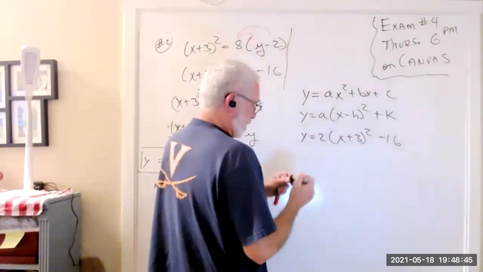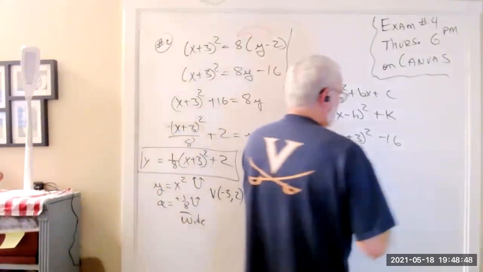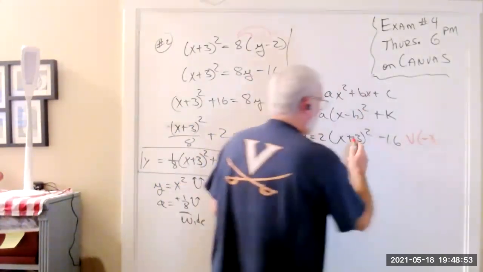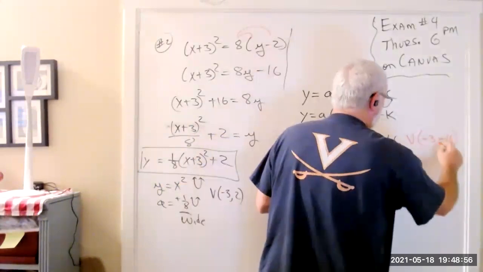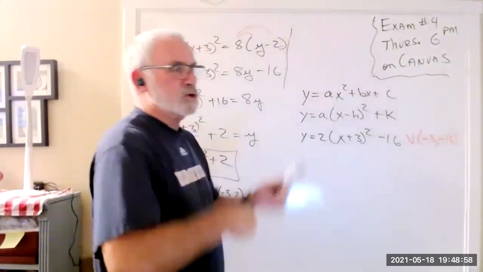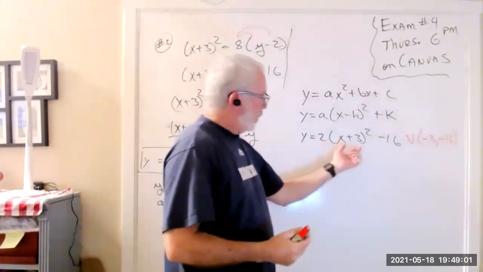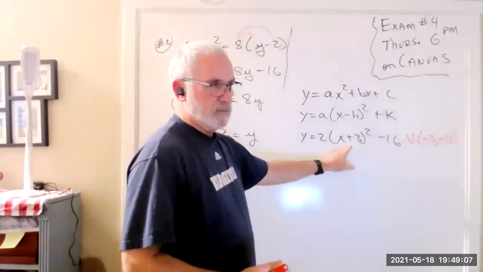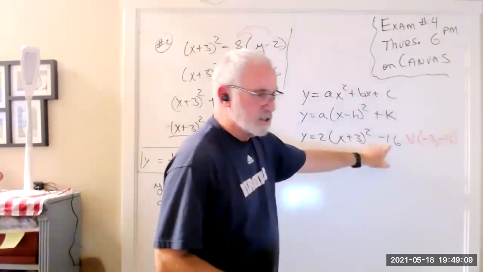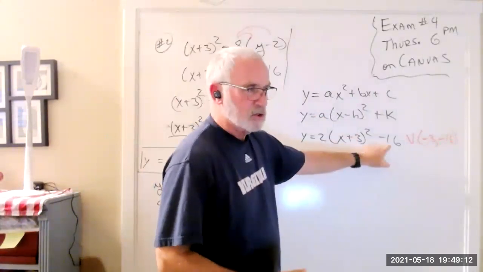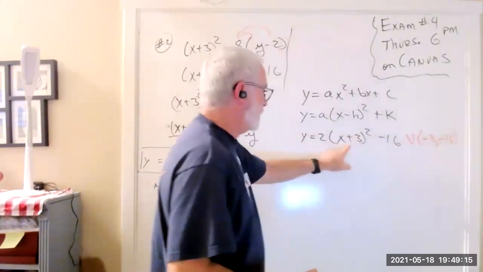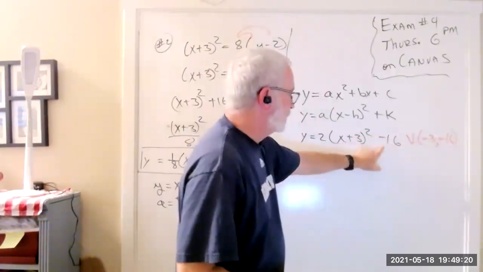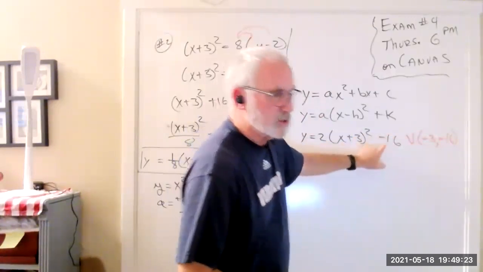Well, the vertex is -3, comma, -16. And that's left to the student to remember that when I pull information directly from a parenthesis, I take the opposite. But if that's not in parentheses, I just take it as it is. And that's how I got -3, because I pull the negative. And I use the -16 because it's the same as what I see.